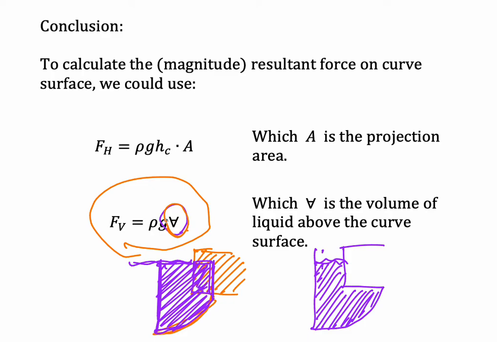What you need to calculate is the volume above the curved surface, so you need to calculate all this area and substitute into this equation. Please be careful when you decide what volume you need to calculate and substitute into the equation.